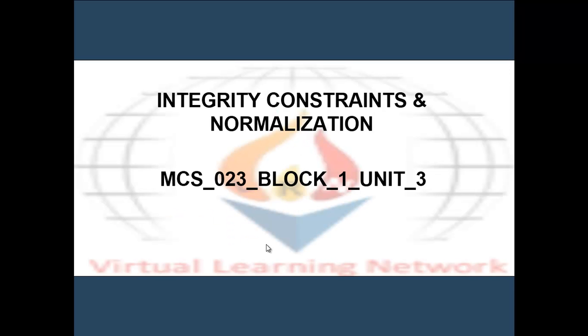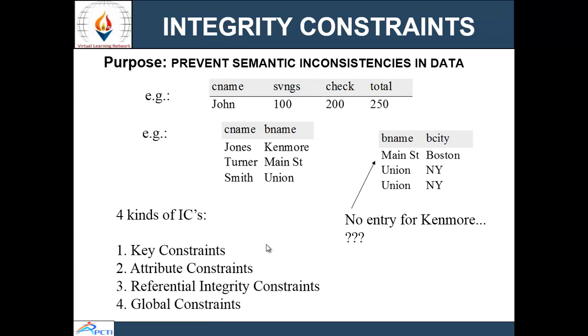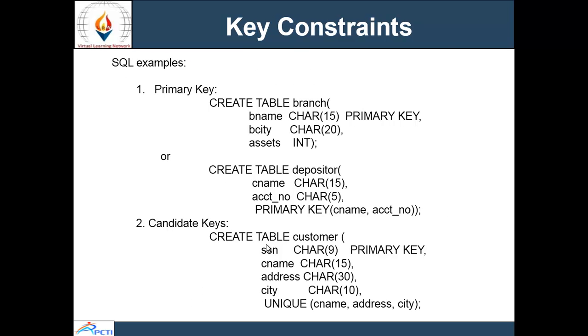In today's session, we will continue with the integrity constraints and normalization. As in the previous sessions, we have already covered the relational database integrity, that is referential integrity and entity integrity. Entity integrity constraints such as primary key constraint, unique constraint.